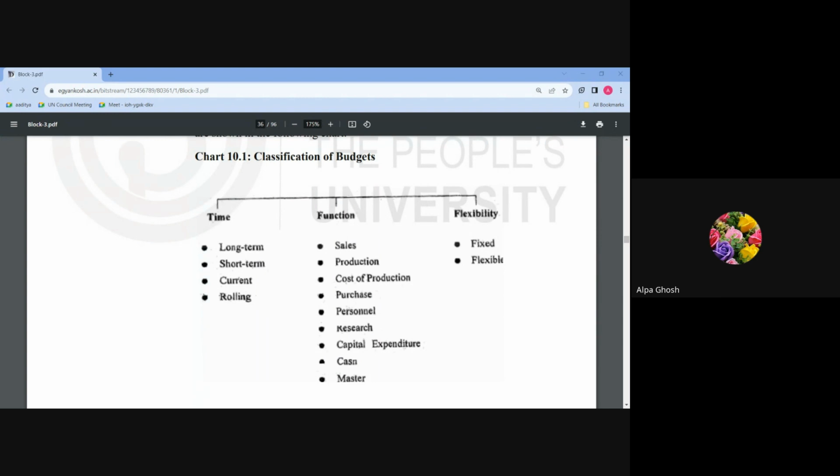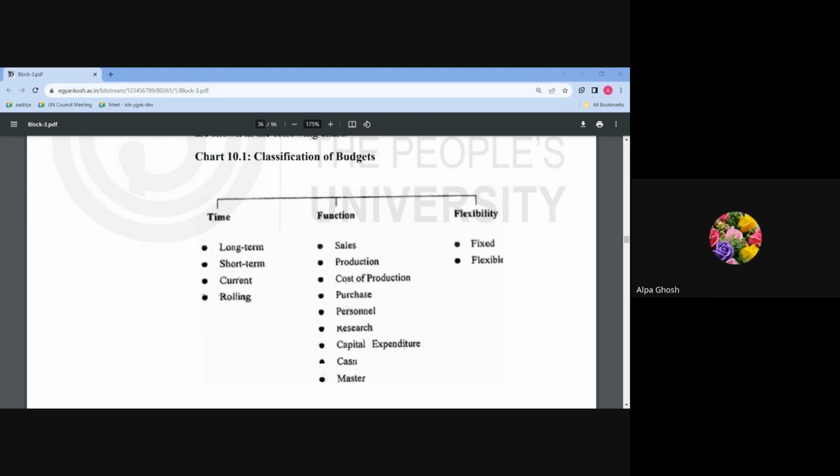It can be related to research budget, it can be capital expenditure budget, it can be cash budget, and it is a master budget where all the above elements are included. In an organization, if you include all the elements in one budget, it becomes your master budget. And when it is on the basis of flexibility, it can be fixed budget, it can be flexible budget.